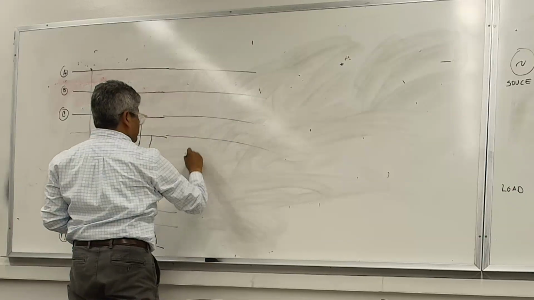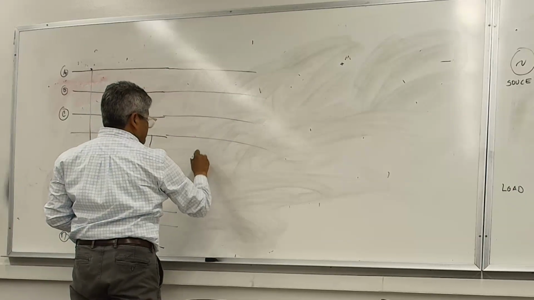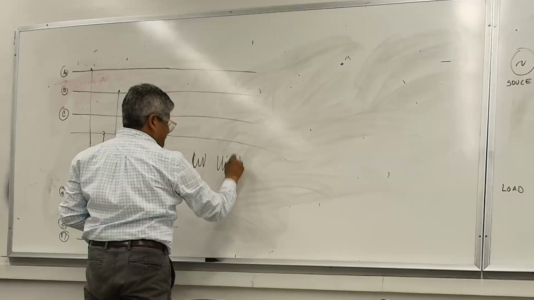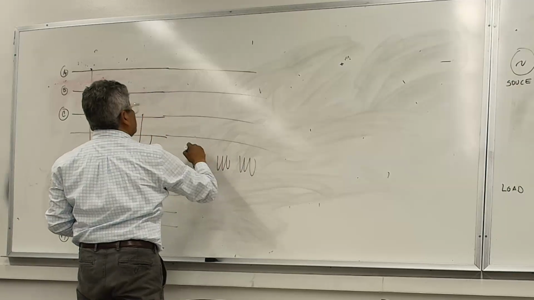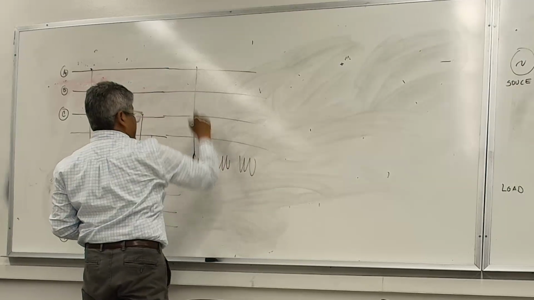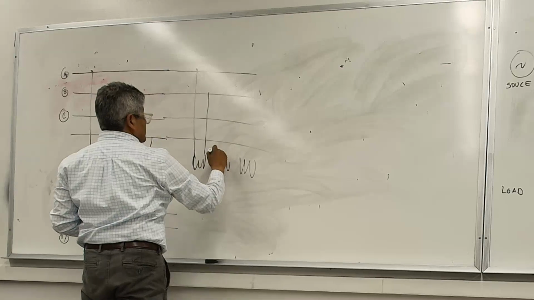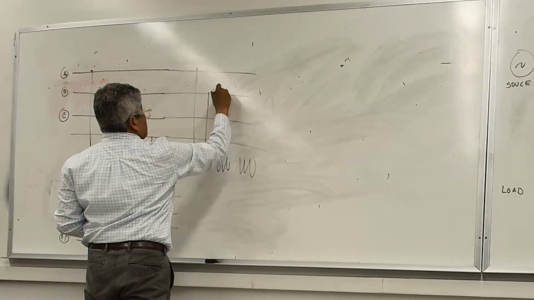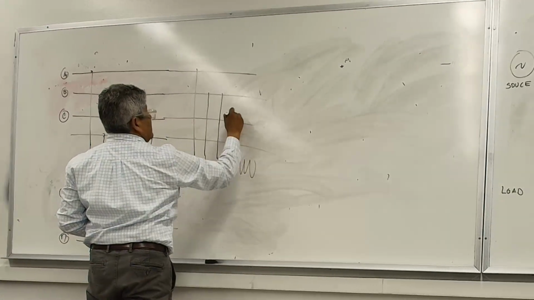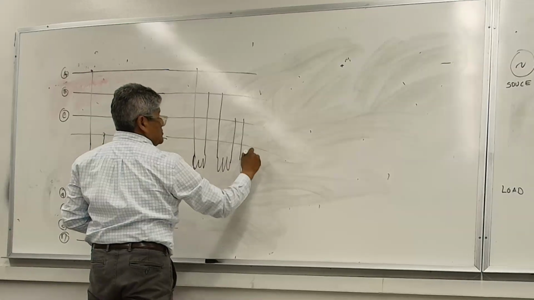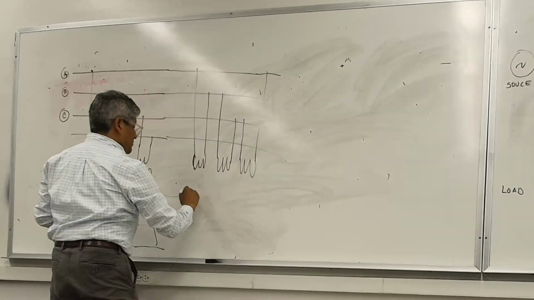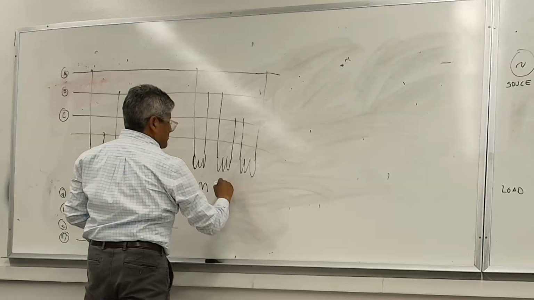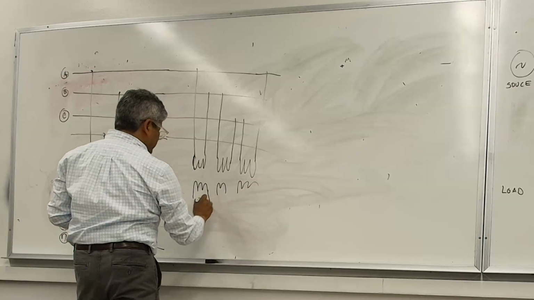You can take another set of transformers right here and connect them this way: A to B, B to C, and then C to A. And you can do the same thing here.